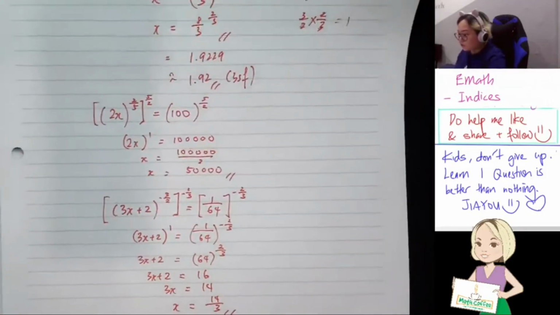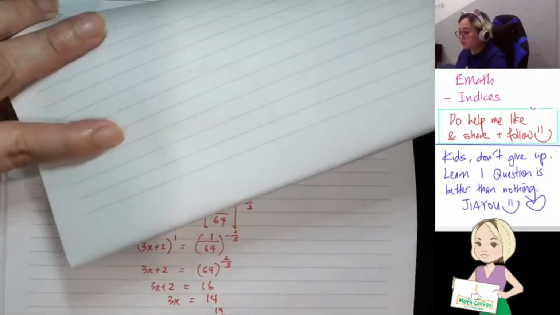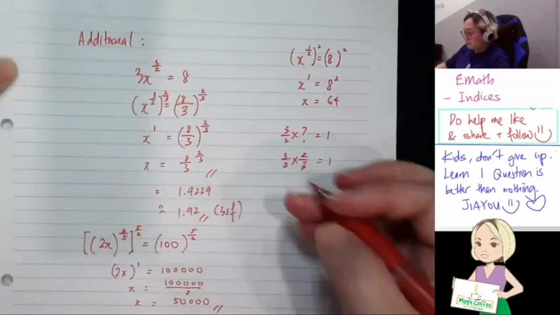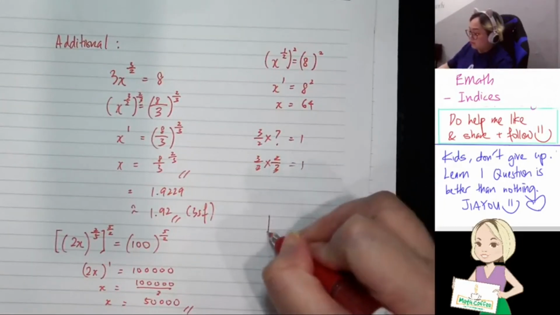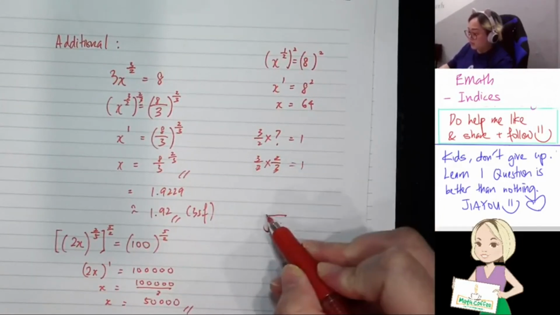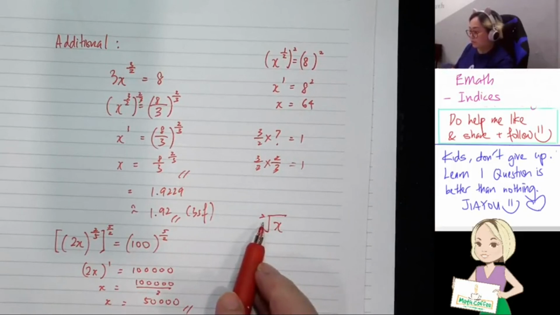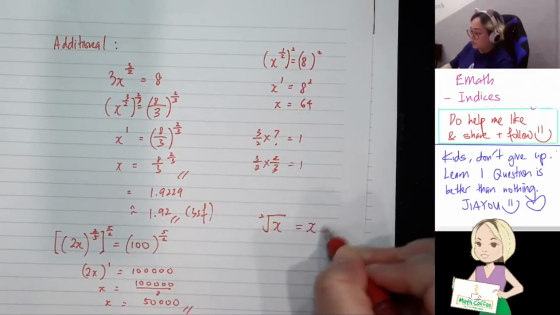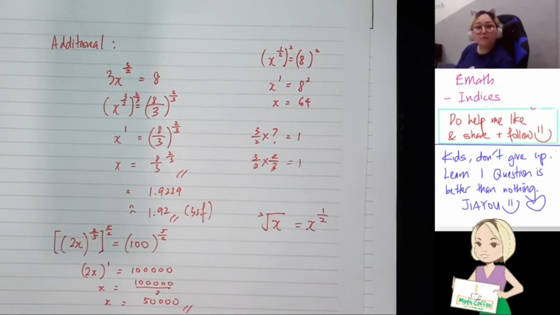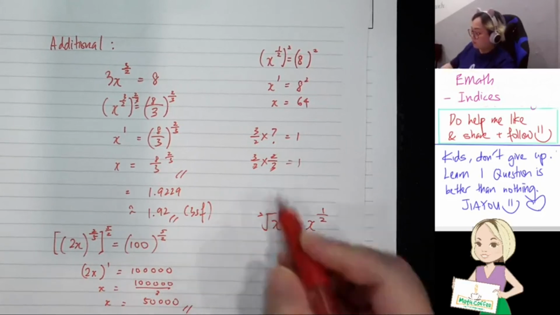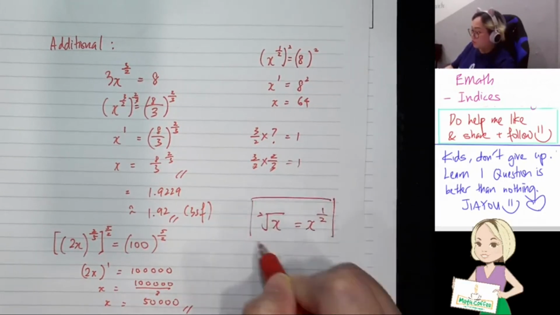I already mentioned square root is half. Square root, there's an invisible 2. So it is x to the power of half. You need to know that square root is to the power of half.